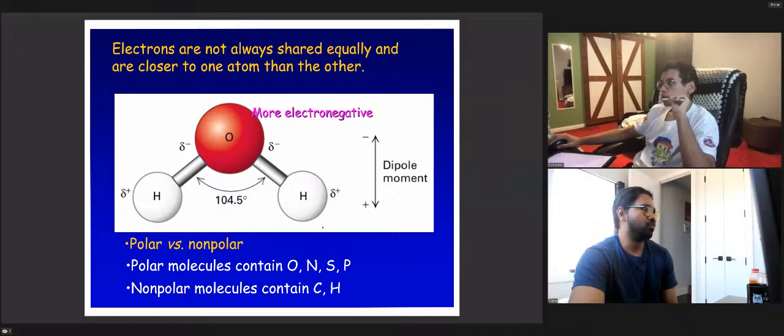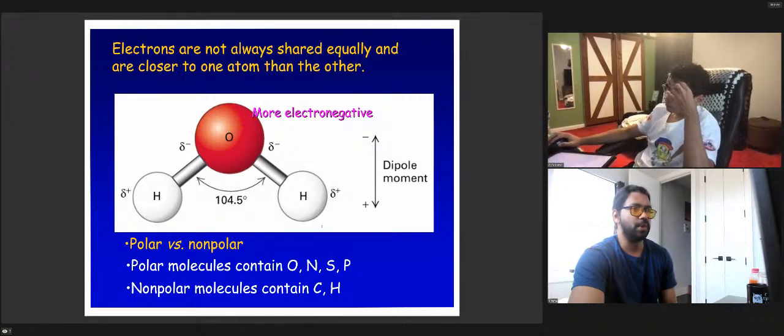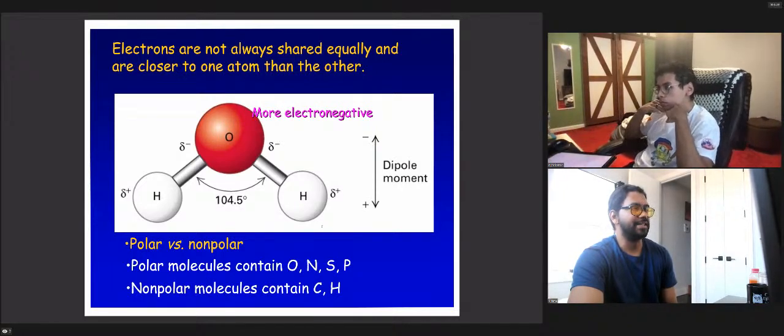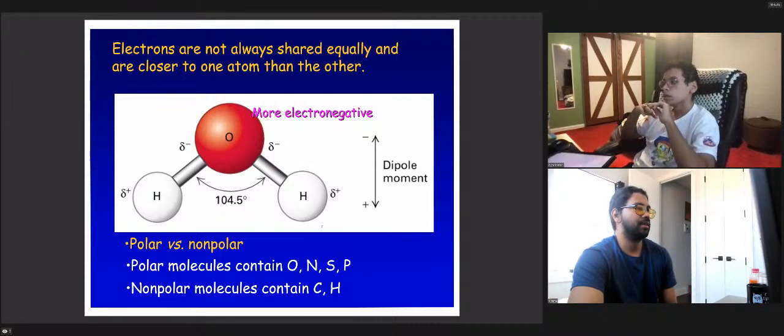And this is water. So, it's that bent shape. And note that symbol is a lowercase delta. And it indicates partial charge. Okay.